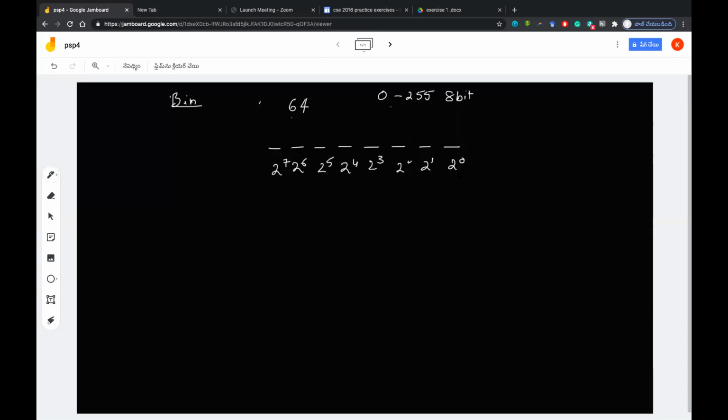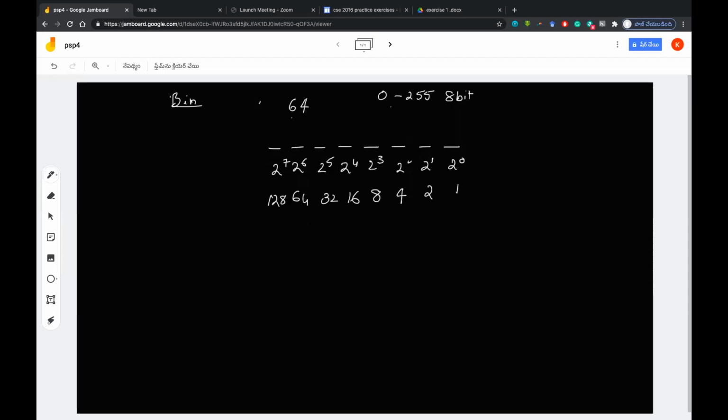For example, 2 power 0 is 1, 2 power 1 is 2, 2 power 2 is 4, 2 power 3 is 8, 2 power 4 is 16. Next, 32, 64, and next you will get 128. If you add all these things, the number 255 will come.